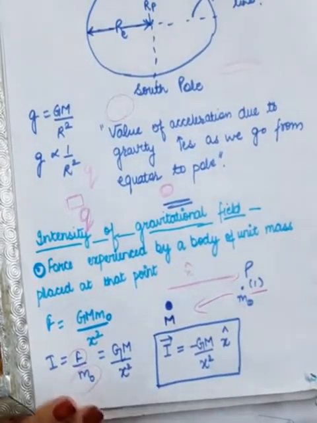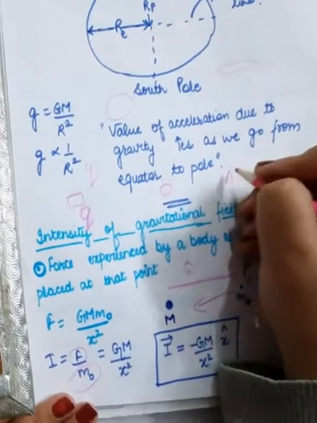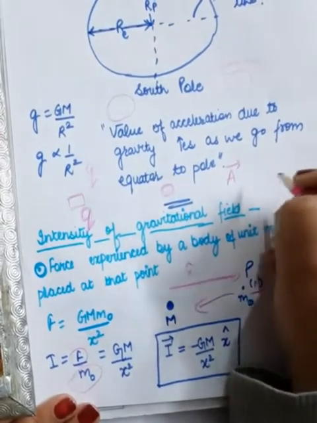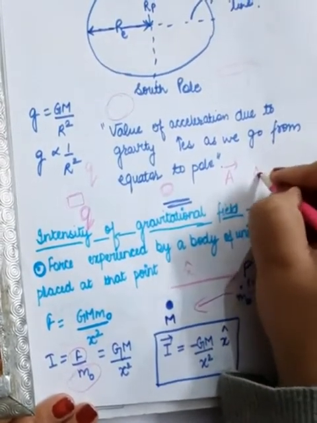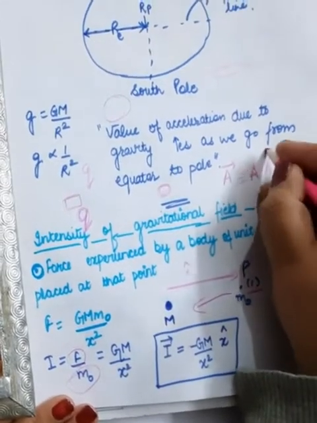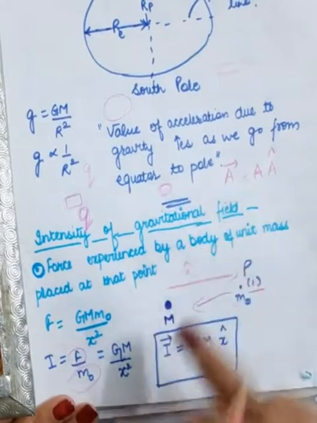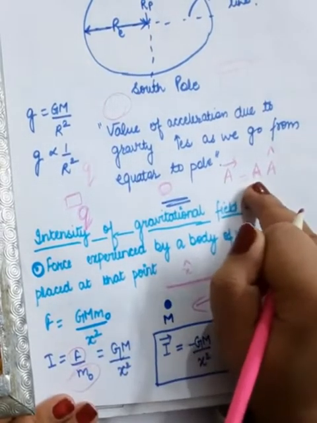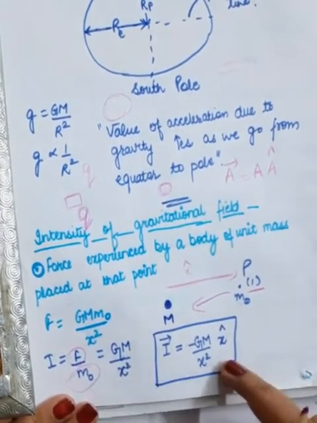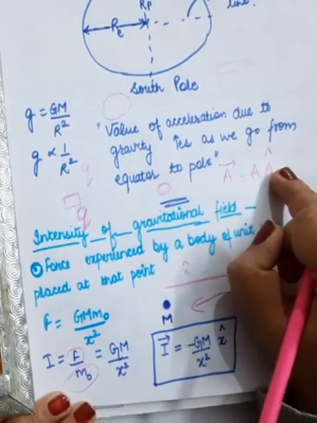Okay. You better know this, that every vector quantity, A vector, is written as magnitude of A and A cap, direction of A. So same way intensity vector, A की जगह I vector equals to magnitude. Magnitude की value है GM by x square और multiplied by direction.